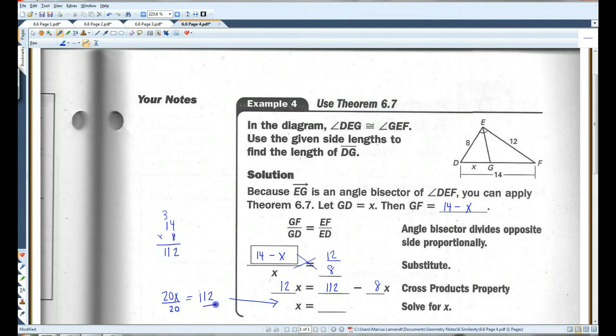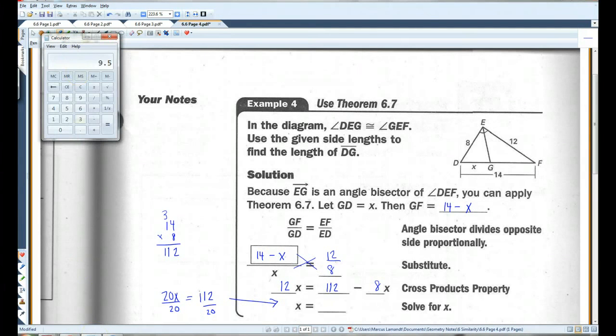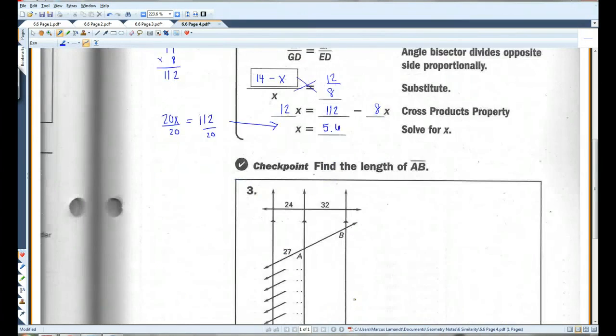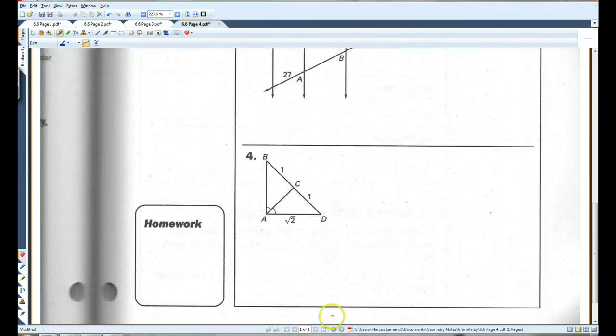If you divide by 20, pull out the calculator. 112 divided by 20, 5.6. Alright, and I'll let you guys do the 2 checkpoints. That's all.